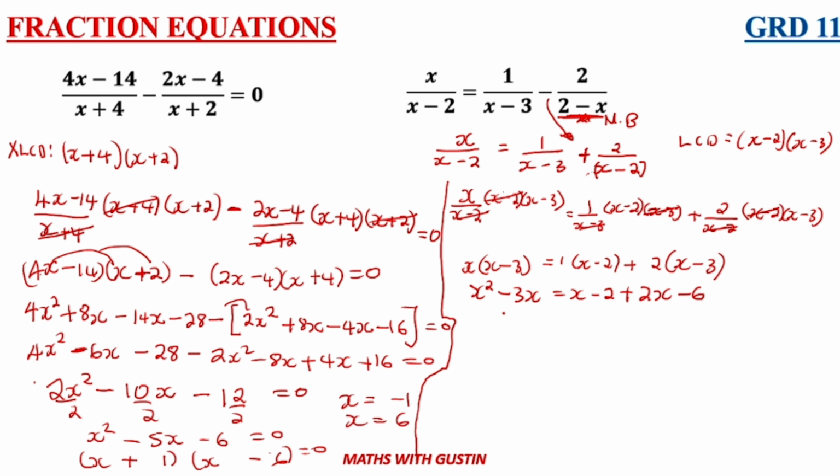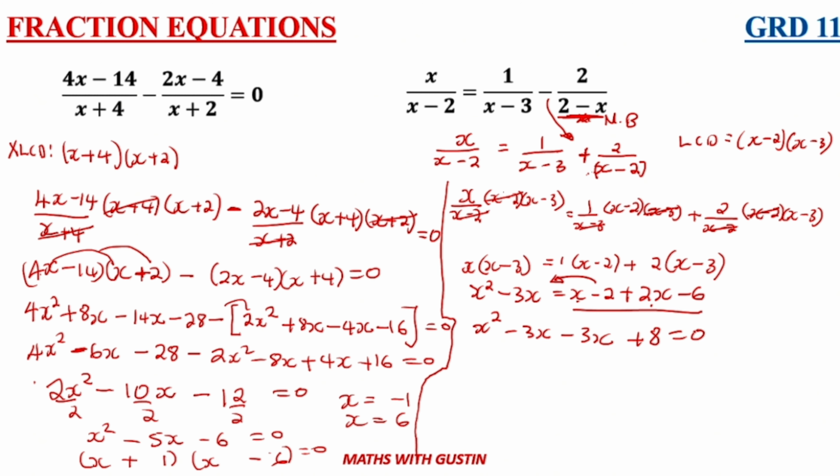There you go. So now we can take everything on the right hand side to the left hand side. So now x squared minus 3x. Here in this case, x plus 2x will give us 3x, and when it jumps the equal sign it is going to be negative 3x. Negative 2 and negative 6 will give us negative 8, and when it jumps the equal sign it will become positive 8.